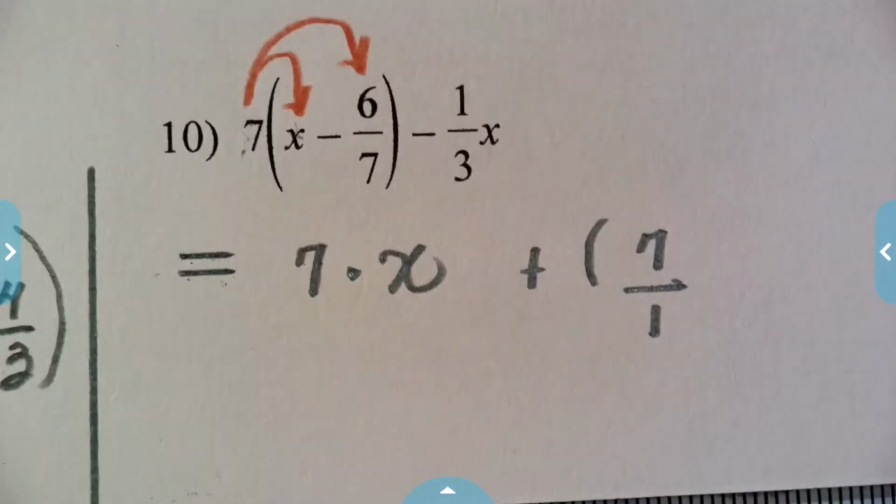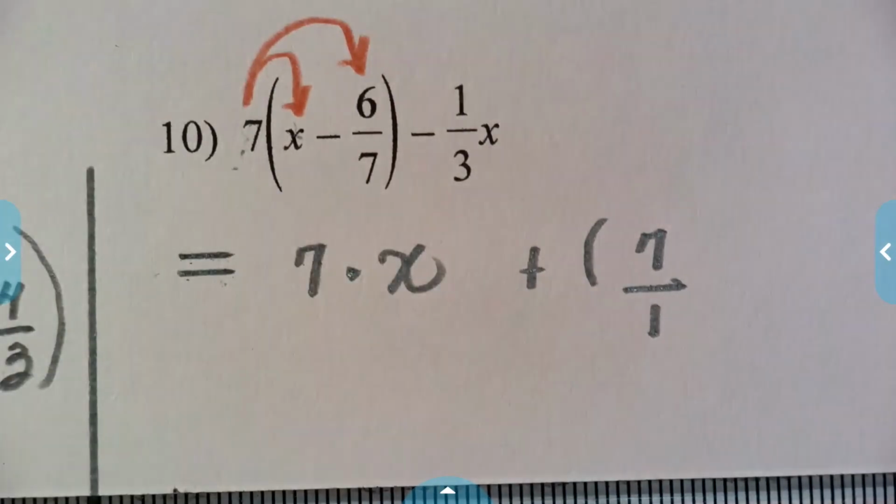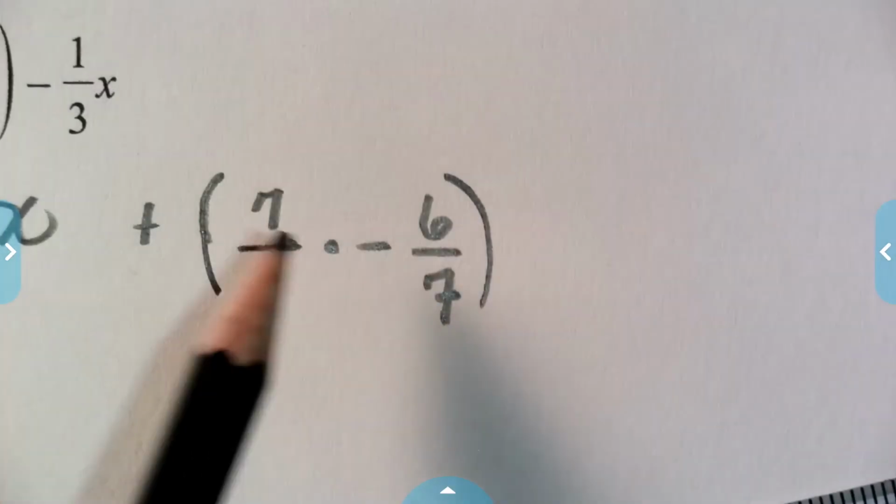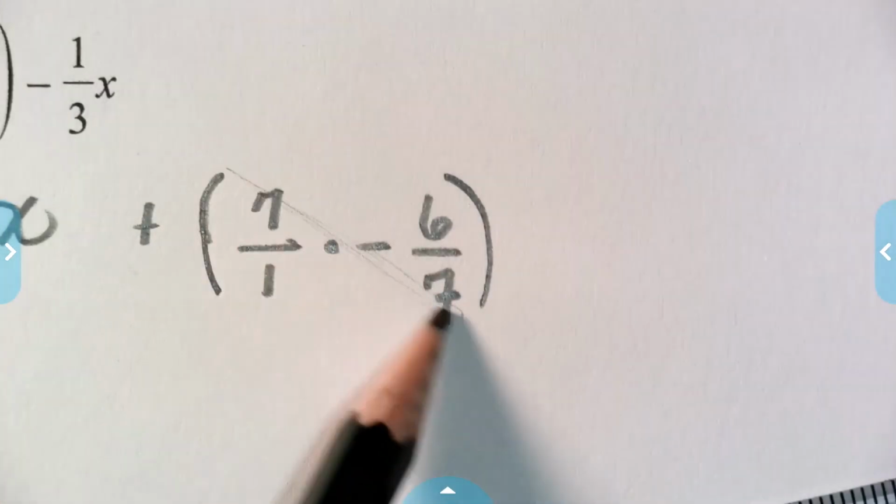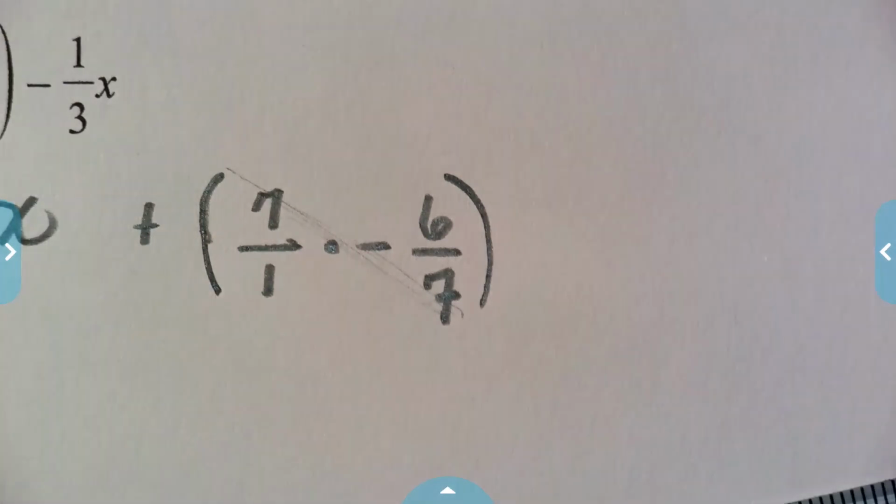I'm taking the liberty of writing this 7 as 7 over 1 times negative 6 over 7. And I think you'll see why. Okay, look. Okay, they cancel. And then we have minus 1/3 x.